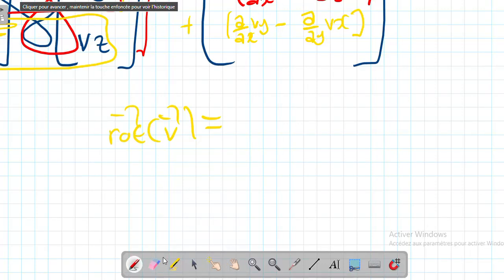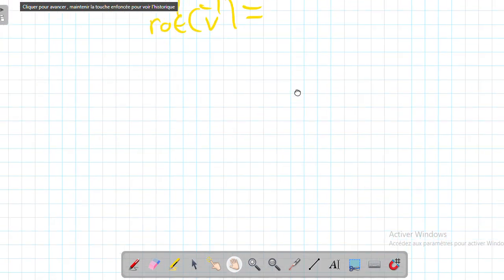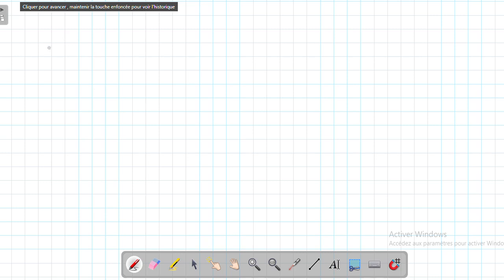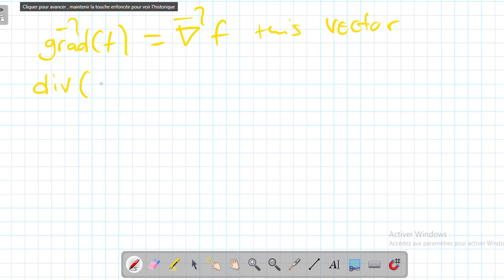So in summary, just to summarize because we don't have time. The gradient converts a scalar f, so you have nabla f, into a vector, which means it should have a magnitude and direction. Then the divergence of a vector converts a vector, the opposite of this, into a scalar: nabla dot v, so you have to know how to carry out the dot product.